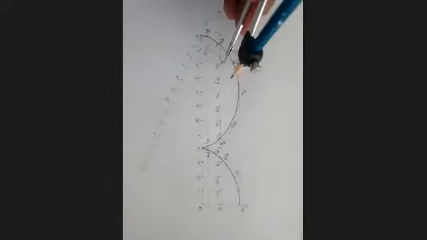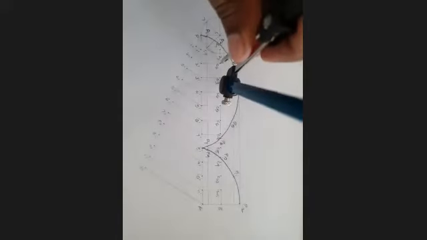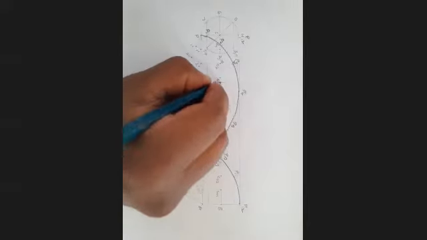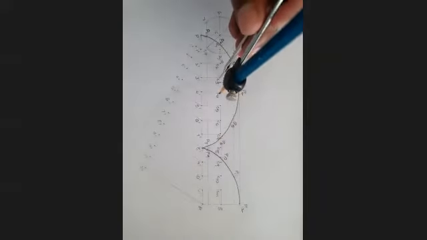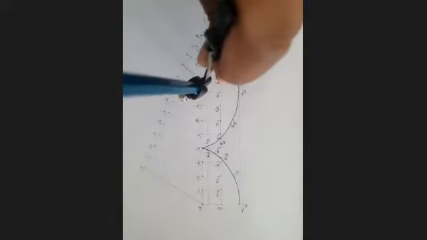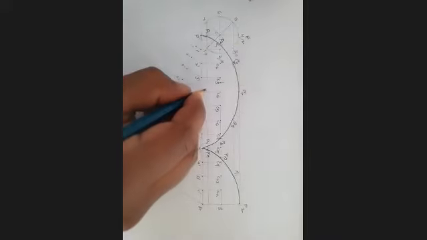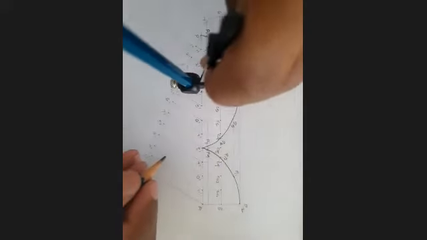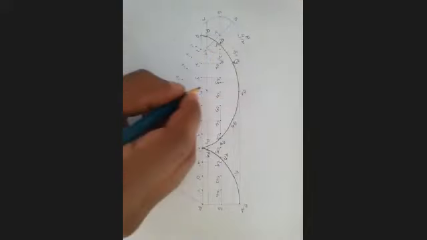Next, C2 as center, second line. Next, C3 as center, third line. This is the point. Next, C4, fourth line. So that is this.